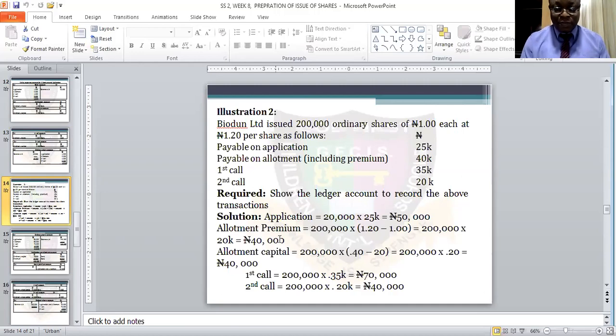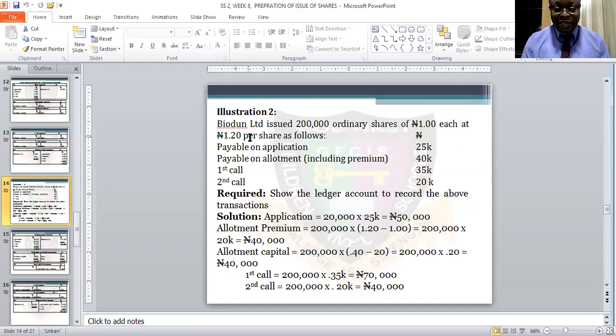So allotment premium. For you to get allotment premium, you know that in the question we are given, the shares are supposed to be issued at 1 naira. Then it was later issued at 1 naira 20 kobo. So the premium of 20 kobo, that is the profit. How do you get this 20 kobo?